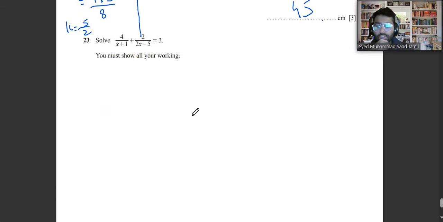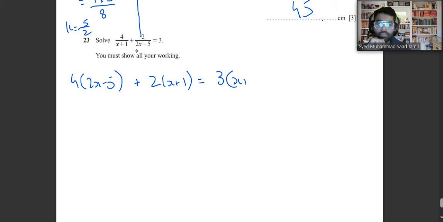Next question, solve this. Solve 4 upon x plus 1 plus 2 upon 2x minus 5 equals 3. You must show all your working. So look, you will do 4 multiplied by 2x minus 5 plus 2 multiplied by x plus 1 equals 3, multiplied by x plus 1 multiplied by 2x minus 5.